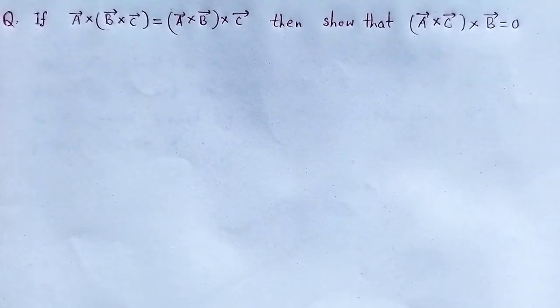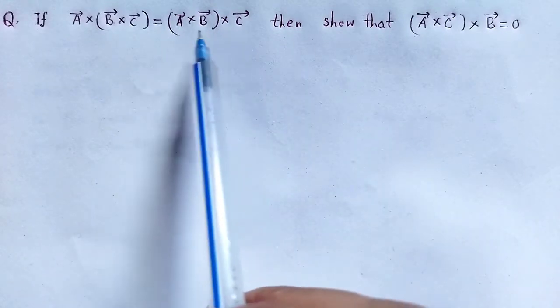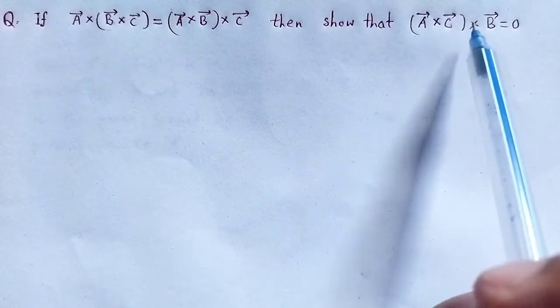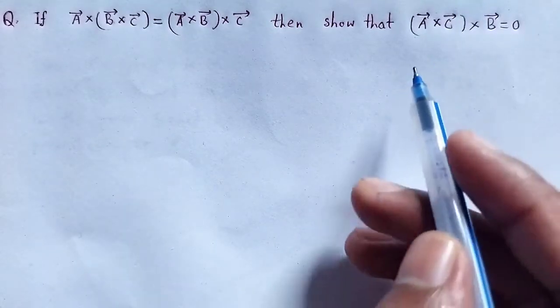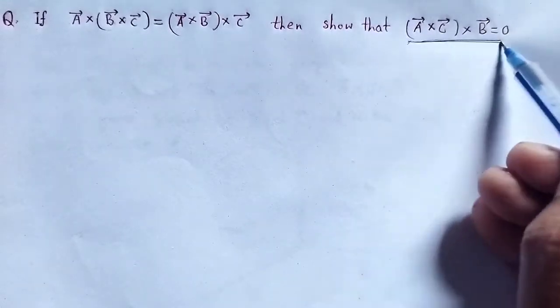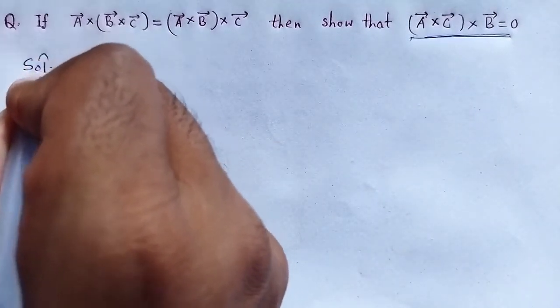The question is: if A cross (B cross C) is equal to (A cross B) cross C, then show that A cross C, cross product with the B vector, is equal to 0. We have to prove this. How do we prove that?